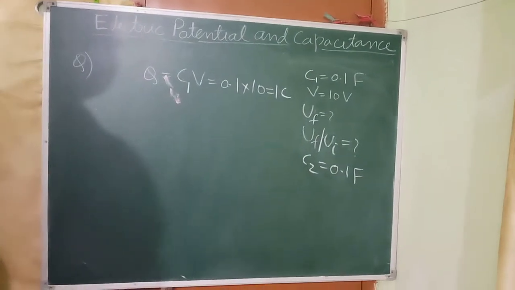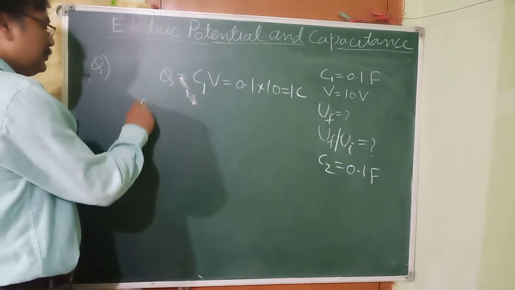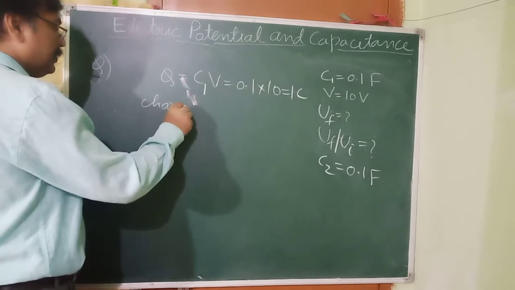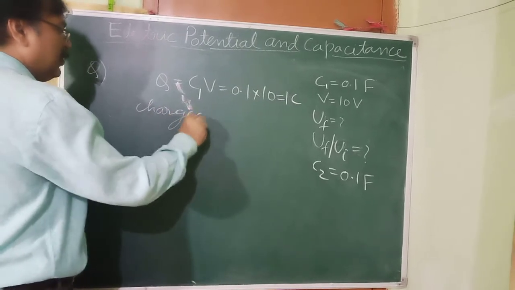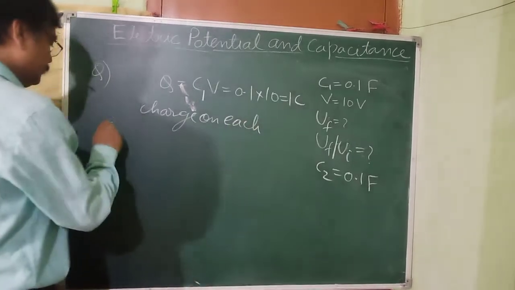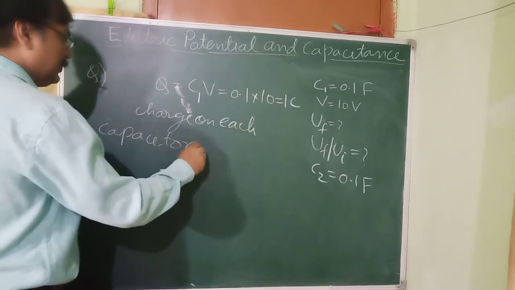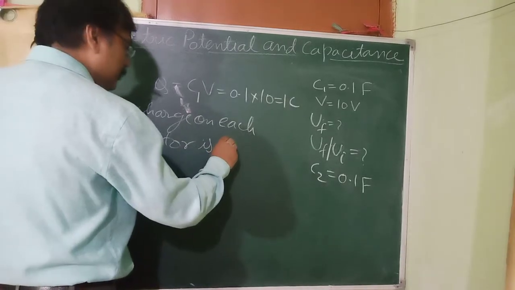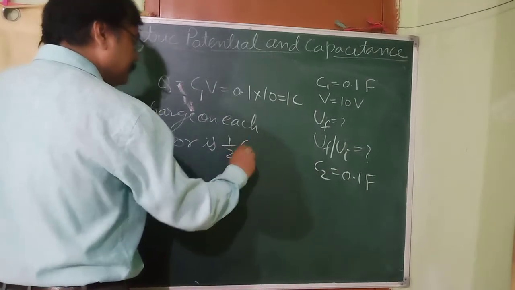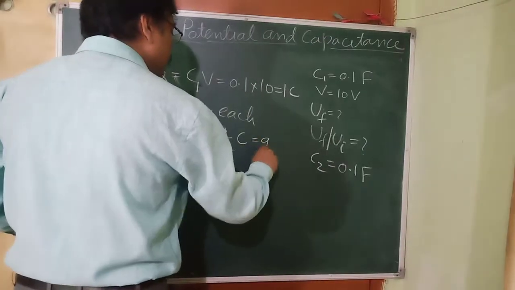Now when they are getting equal charges, what is the charge on each capacitor? It is 1 by 2 coulomb, which you can write as small q.